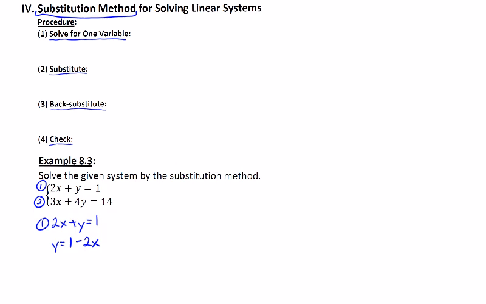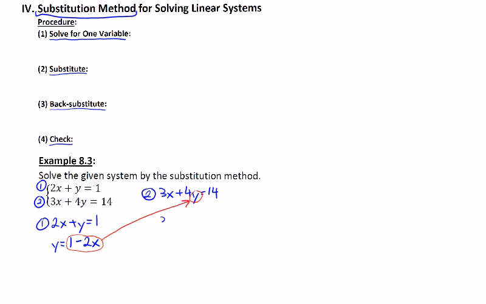So we're going to take the expression 1 minus 2x, and we're going to use that to represent y in the second equation. So let me write down the second equation. 3x plus 4y is equal to 14, and where we have that y, we're going to substitute in directly there.